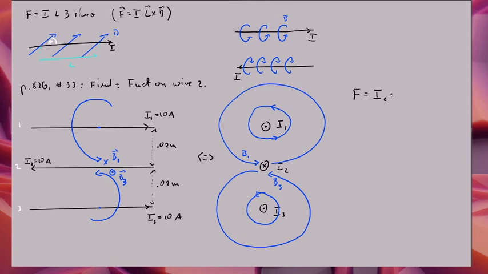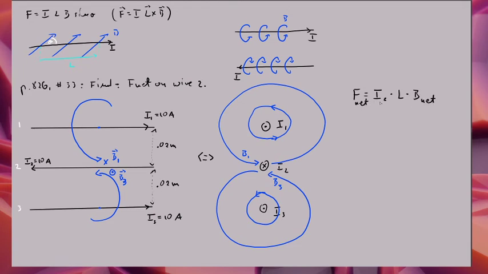Do I have the length of the wire in this problem? Yeah, 50 centimeters. Okay, well, I'll add that later. But anyway, so I have F on the middle wire would be I2 times the length of this wire times the net magnetic field.